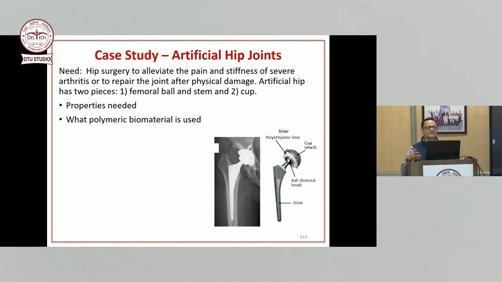Hip surgery to alleviate the pain and stiffness of arthritis or to repair the joint. Artificial hip has 2 pieces, femoral ball and stem, and the cup. What do you think properties are needed for this material, and what polymeric biomaterial is used?